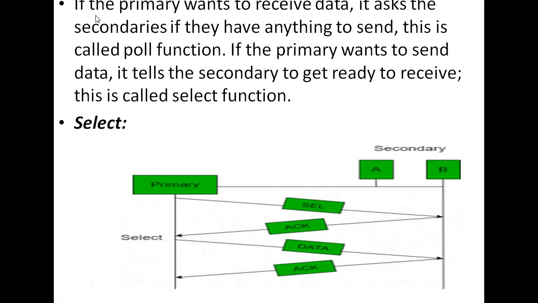Here it is given: if the primary wants to receive data, it asks the secondaries if they have anything to send. This is called the poll function. And if the primary wants to send data, it tells the secondary to get ready to receive. This is called the select function.